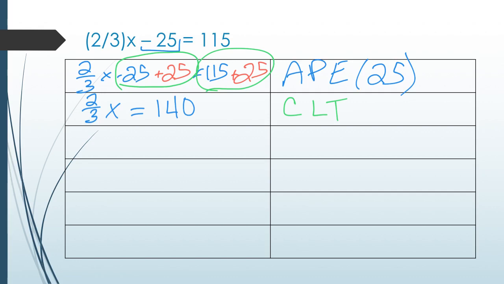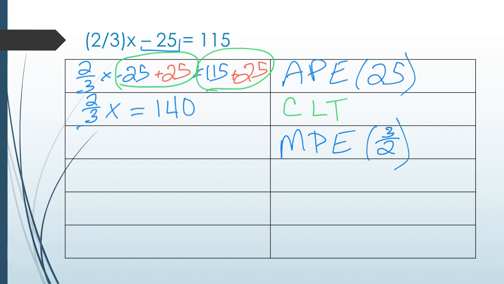So what am I going to do next? What is the 2/3 doing with my x? Well, it's multiplying. Remember, I don't want that 2/3 really to go away. I want it to turn into 1 because I want 1x. So remember our reciprocals. In this case, I am going to use the multiplication property of equality. I'm going to multiply by the reciprocal of 2/3, which is 3/2.